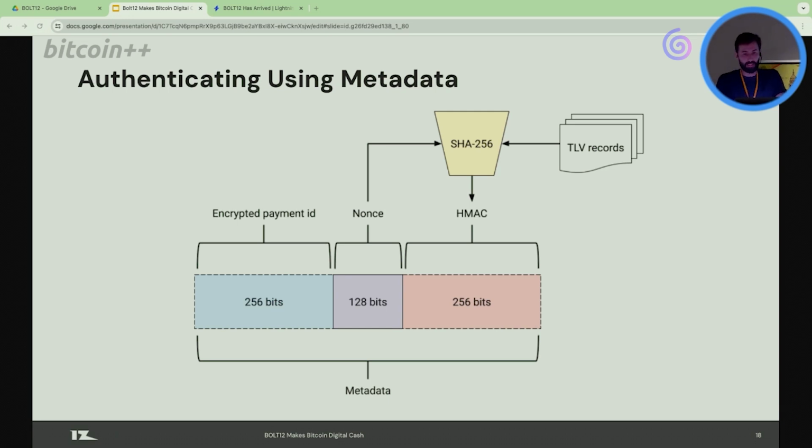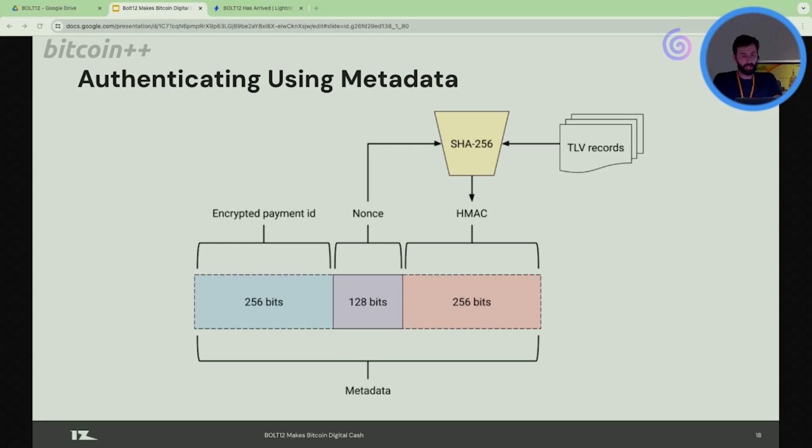So here's one way. Let's say you're Bob and you're creating an offer. The first thing you do is you generate a nonce, a number that's only used once, it's random. And from that, you compute an HMAC using some secret key material that only Bob knows over that nonce and all the TLV records in your offer, except for the signing pub key, which we're going to leave out for now, and the metadata, since we're constructing the metadata.